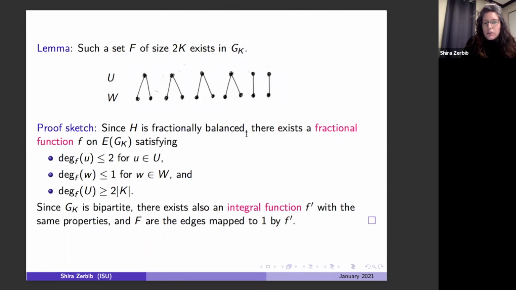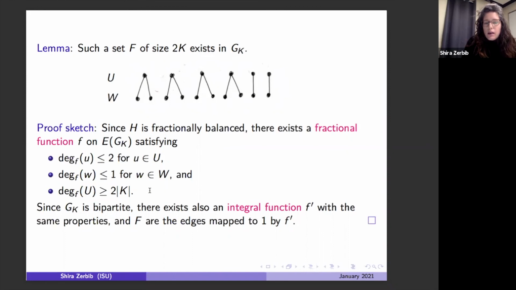So since H is fractionally balanced, there exists a fractional function, the fractional matching that is balanced, reduced to the two sides U and W, satisfying that the degree of every vertex u in U is less than 2, the degree of every vertex w in W is less than 1, and the degree on the entire set U is more than 2k.